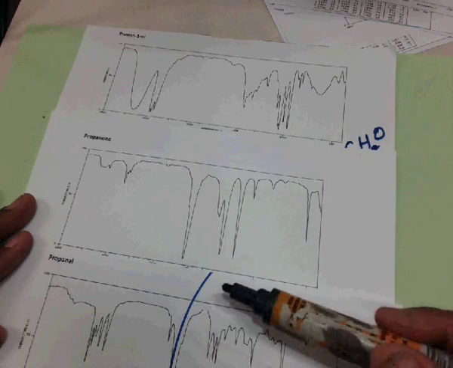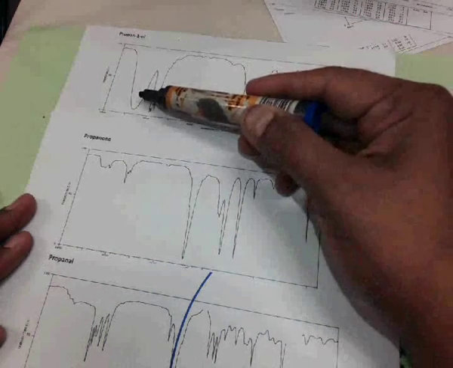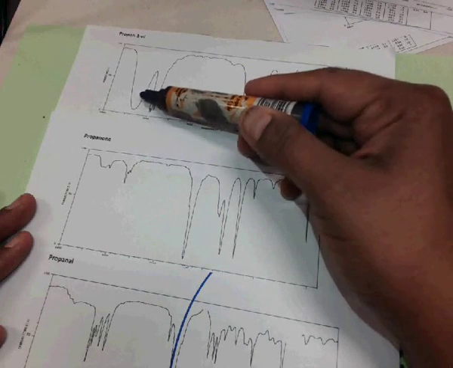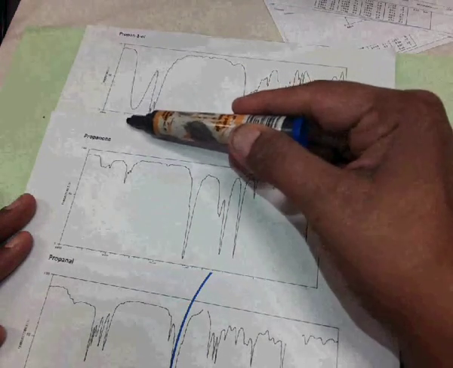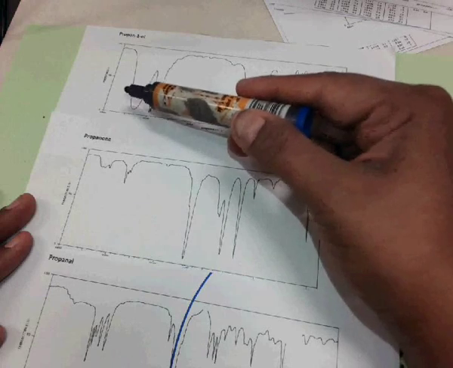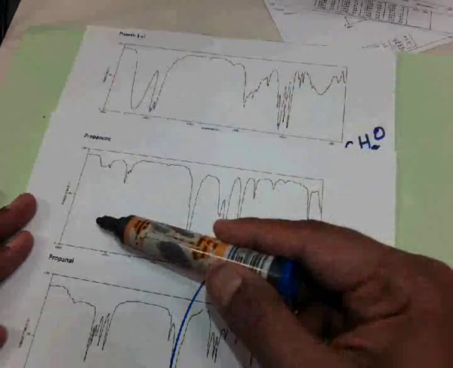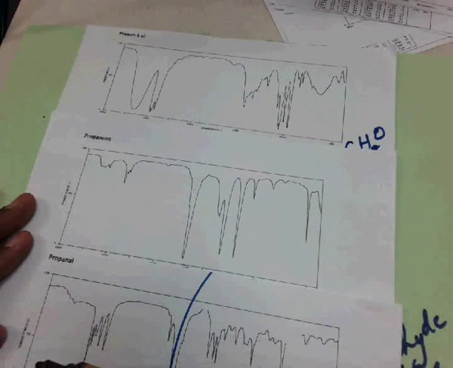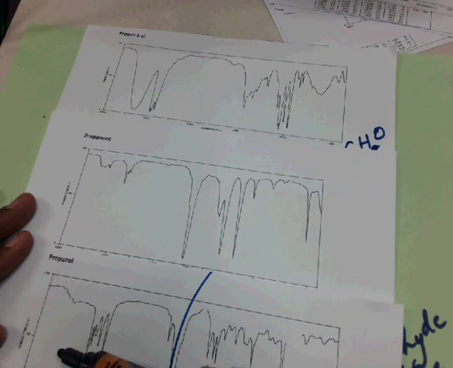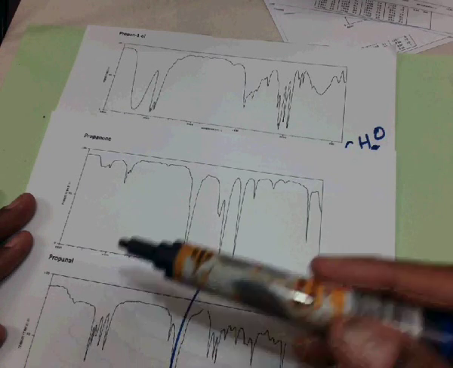But what is different in the IR spectra is you notice straight away this broad peak at around 3200. That confirms that it is an alcohol. You do not have that for a ketone, you do not have that for an aldehyde.